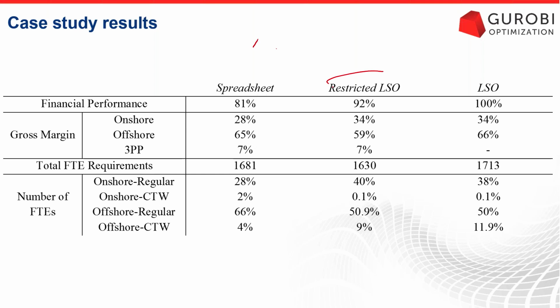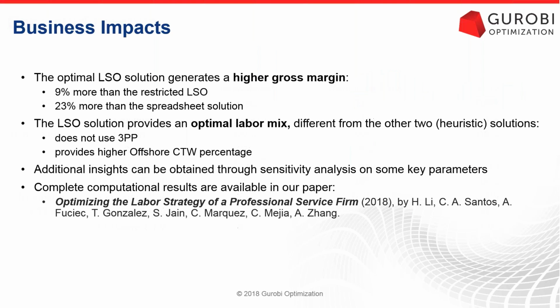Now, in the restricted LSO approach, we allow certain flexibility of those allocation rules, but still fix the percentage of third-party partner allocation. So as you can see, the LSO solution achieves significantly higher gross margin compared to the other two approaches. And you can also see the prescribed optimal staffing decisions are quite different from the other two approaches.